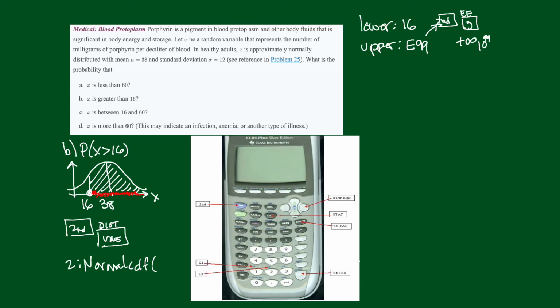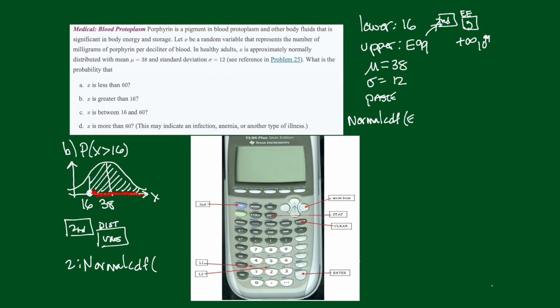All right, so now it wants to know the mean. Now that may be left in there from the last time we did this. This is 38, sigma is 12, and then you're going to go to paste. All right, so you get those numbers in, you go to paste, and once again you're going to get, not that you can see it all, normal CDF on your screen.